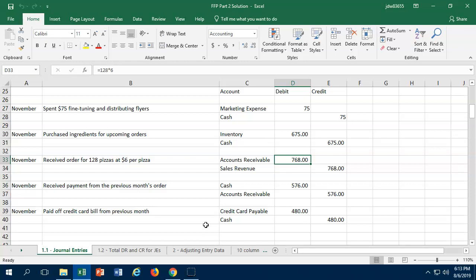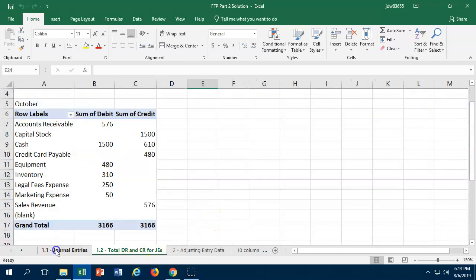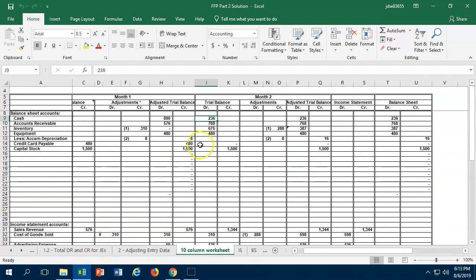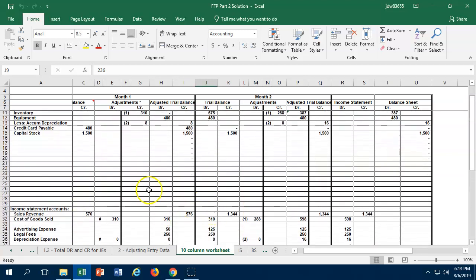Actually, I think I could hear a case for that. Let's go through it. Let's see here. Did I even code rent expense? I think I did.